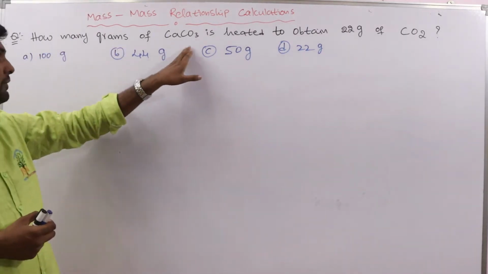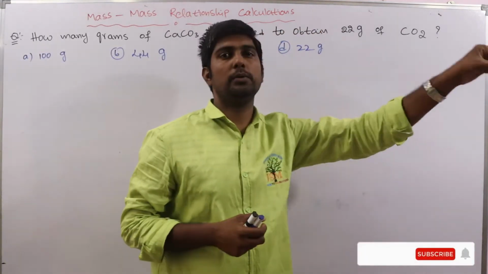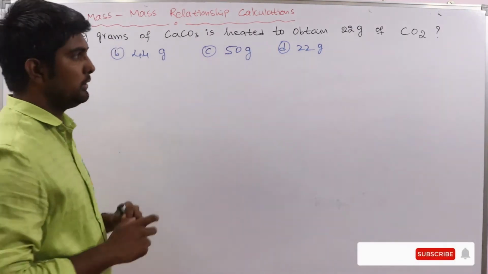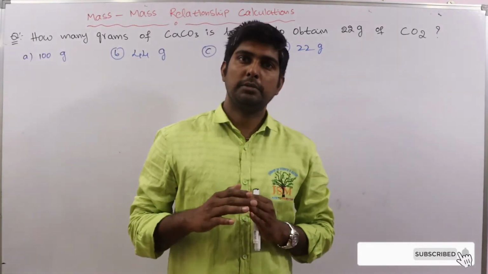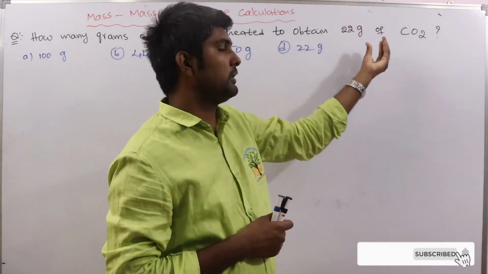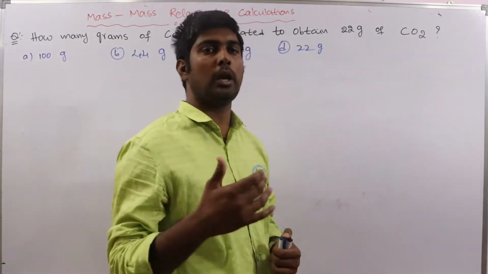How many grams of calcium carbonate is heated to obtain 22 gram of carbon dioxide? This is the problem. Generally, sometimes they will give the chemical reaction involved, and sometimes they are not giving the reaction, we have to write.